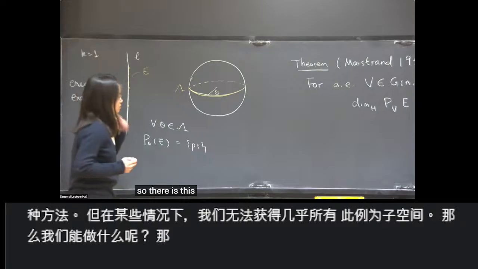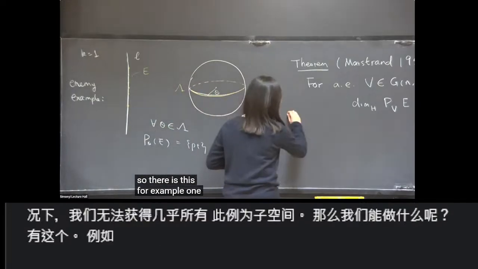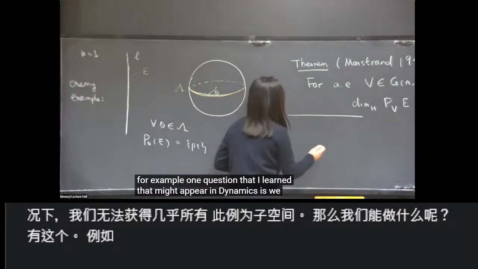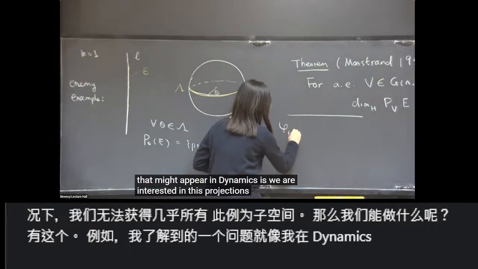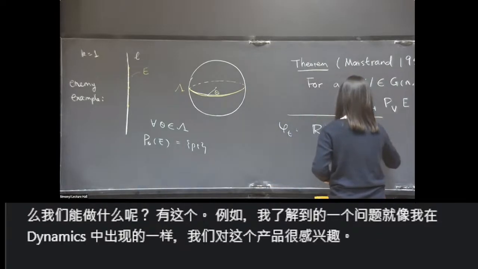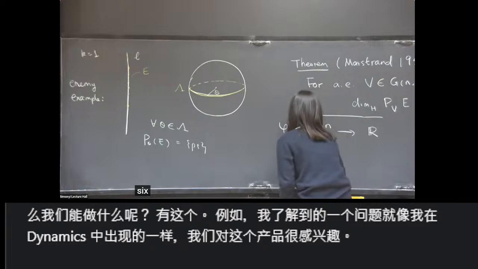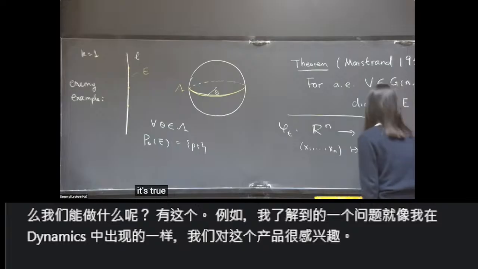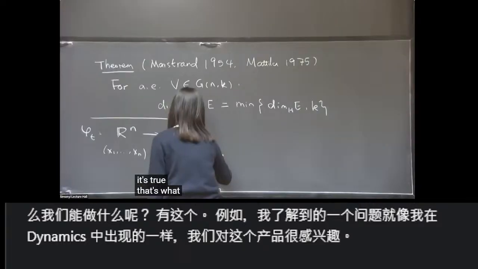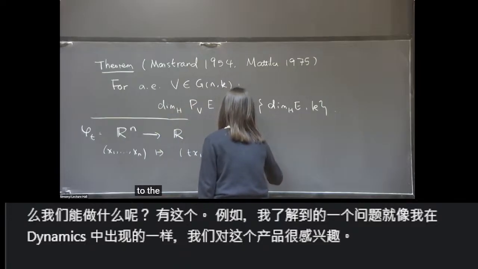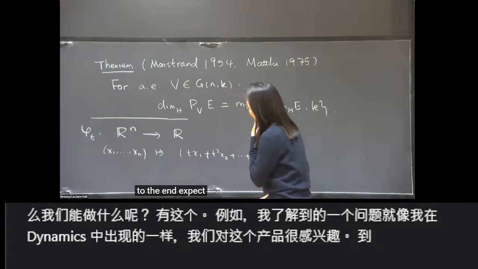One question that I learned that might appear in dynamics is that we are interested in this kind of projection: x1 plus b x2 plus b squared x3 plus up to b to the n minus 1 xn.